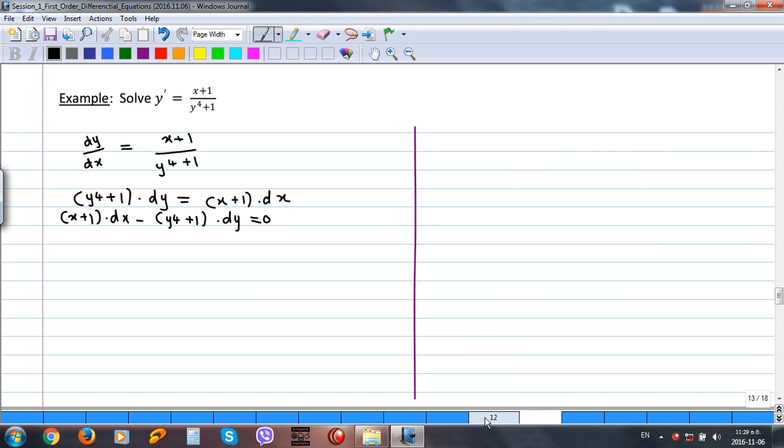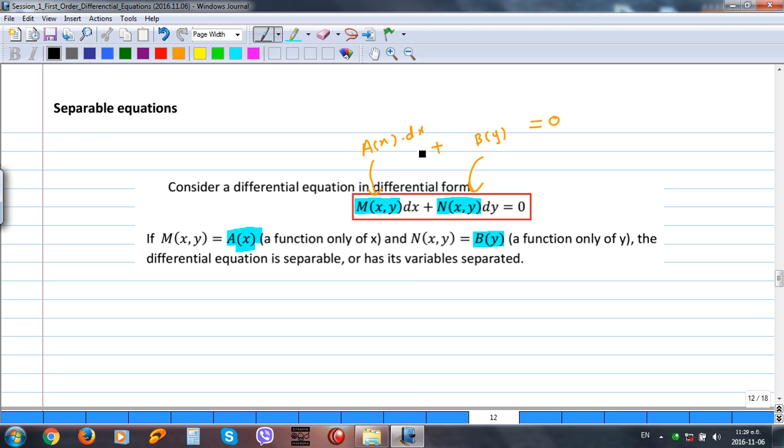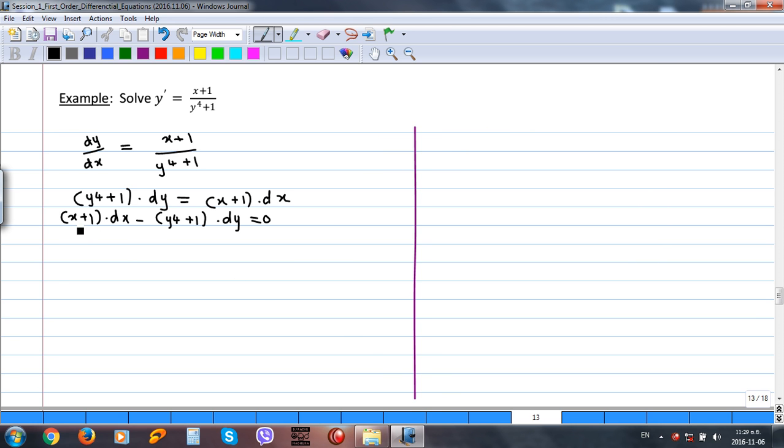So then this is in that form, no? A(x) dx + B(y) dy = 0: a function of x times dx minus a function of y times dy equals 0.